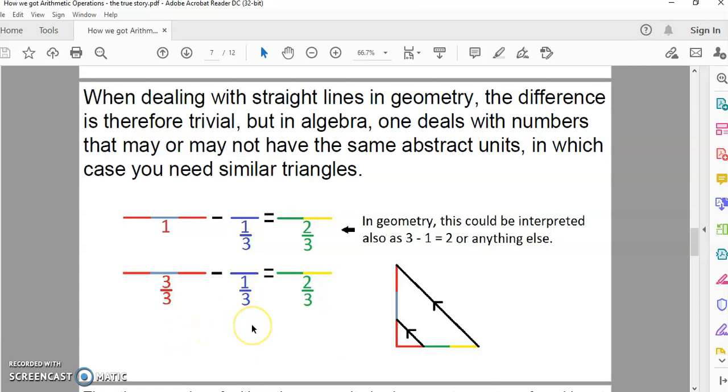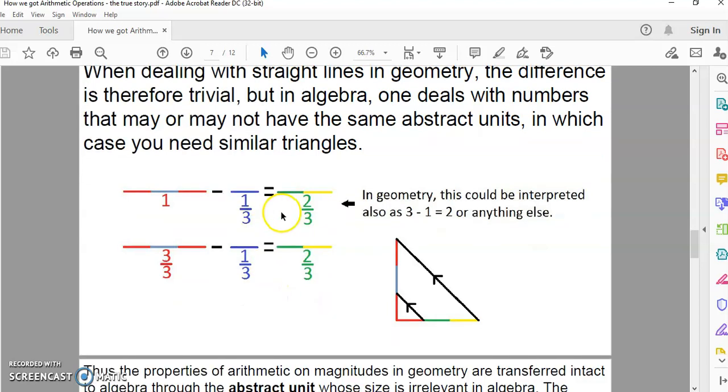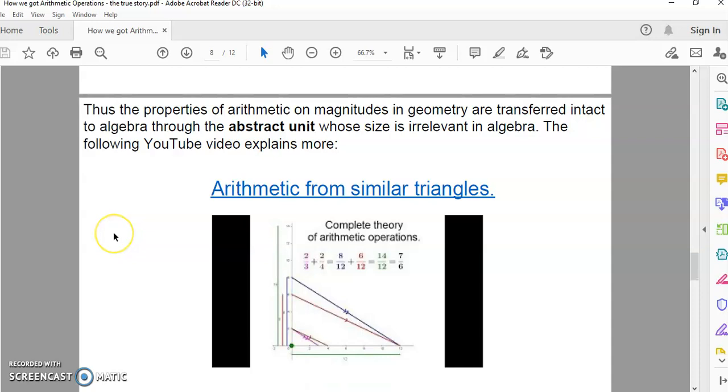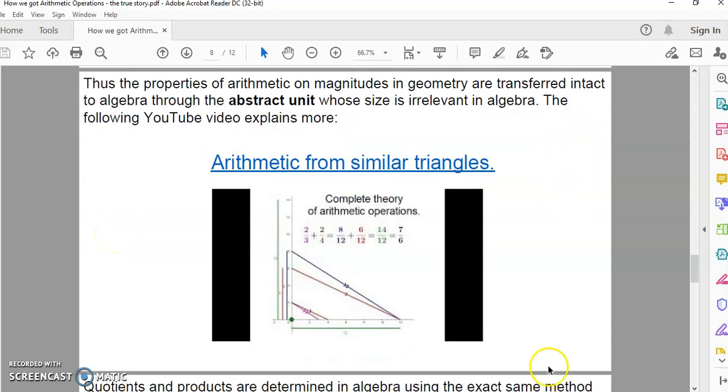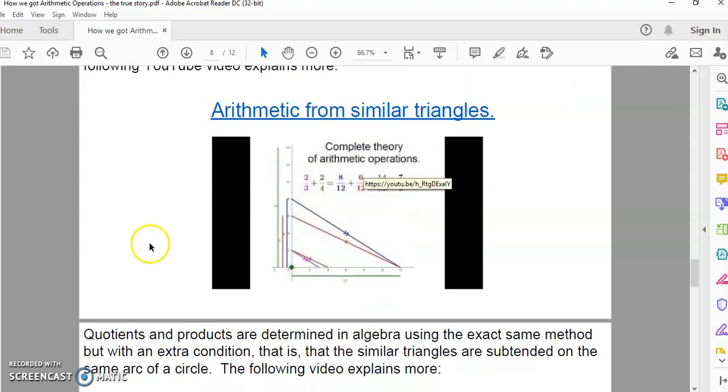A number is a name given to a measure that describes a magnitude. So the properties of arithmetic on magnitudes in geometry are transferred intact to algebra through the abstract unit, whose size is irrelevant in algebra. And you can watch this video. There's a link here to see how that works.